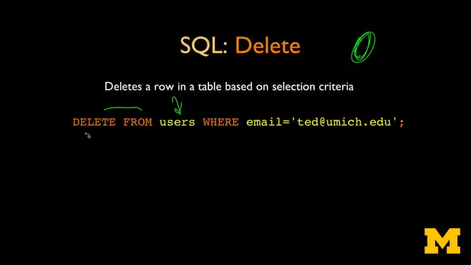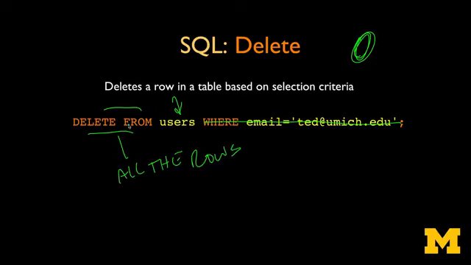SQL is not a procedural language. I've already mentioned that. And so there is no real concept of a loop in SQL. The delete from implies a loop. If you don't say where, if you take this off, it would be like delete all the rows from users.